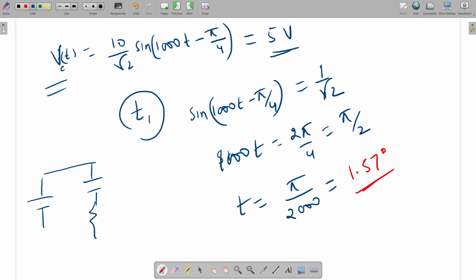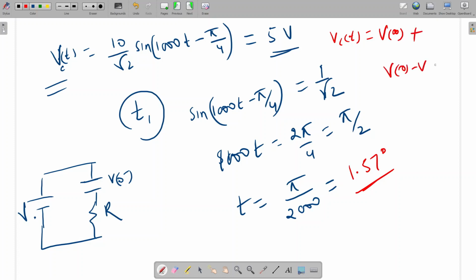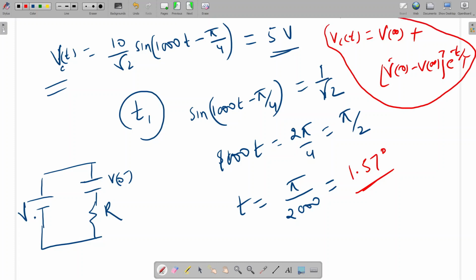This is the equation for the RC circuit. So VC of t is equal to V infinity, this is the steady state voltage, plus V0 minus V infinity into e to the power minus t by tau. This is the equation. This you can derive also by applying.